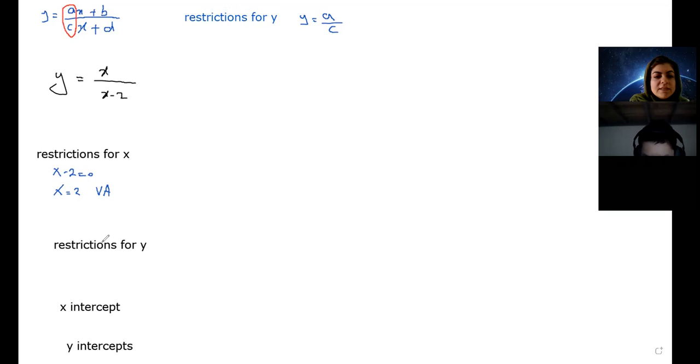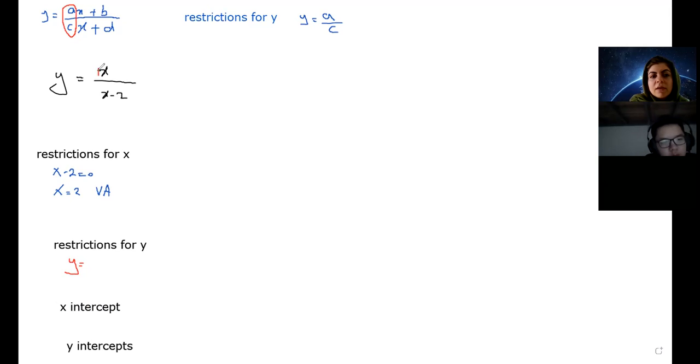Now, can anyone tell me what is the restriction for y in this example? Y equal to what? What is the coefficient of x here? 1.